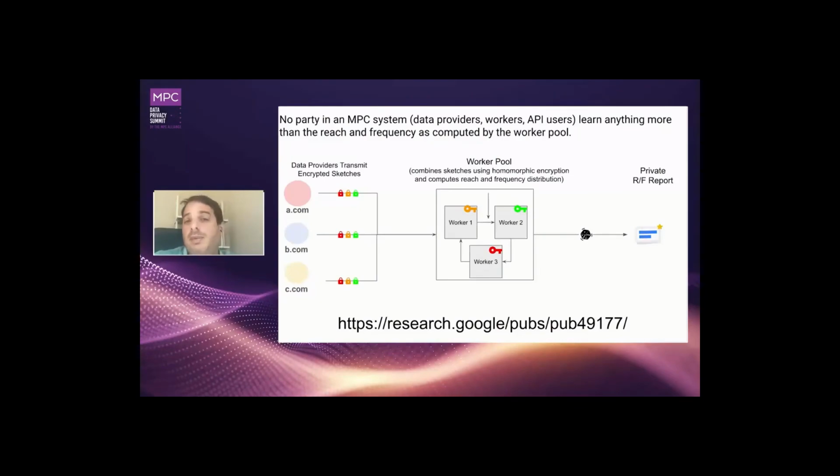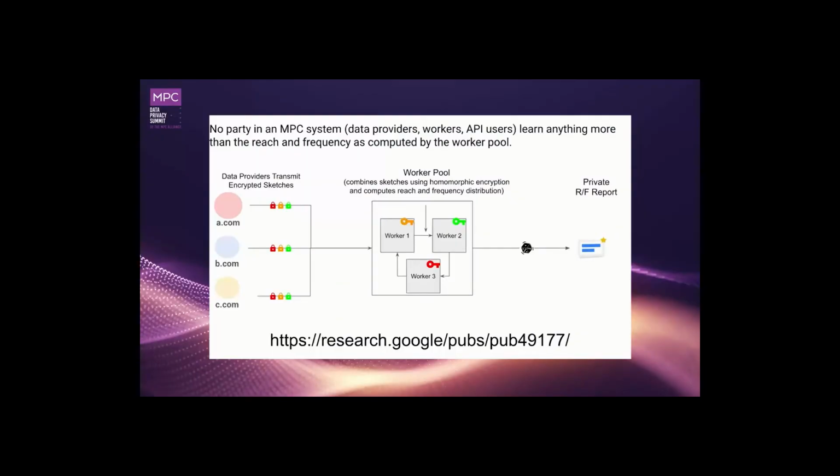And this is exactly where MPCs can help. What MPCs allow us to do is to process the data in a way that, either by using homomorphic encryption or other MPC techniques, the intermediate data is not decryptable or not accessible to the nodes that are processing the data.